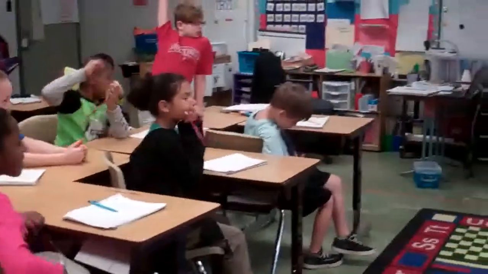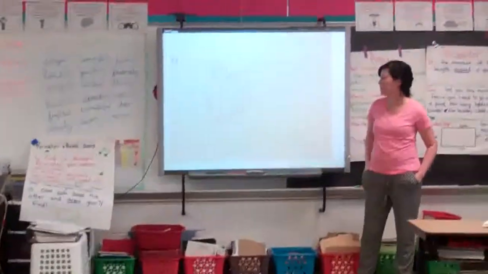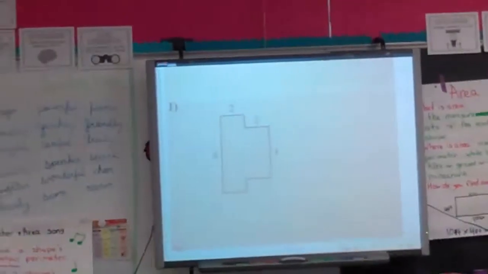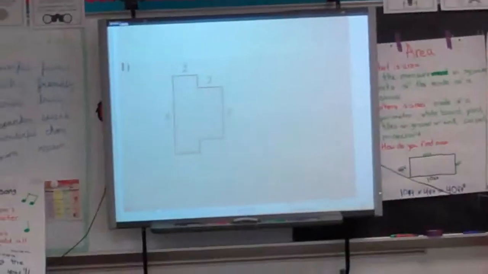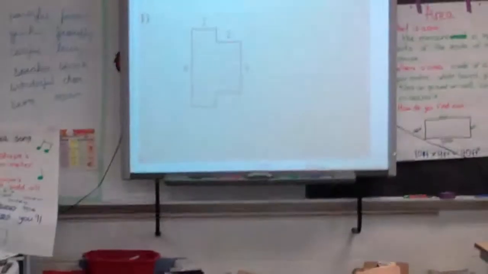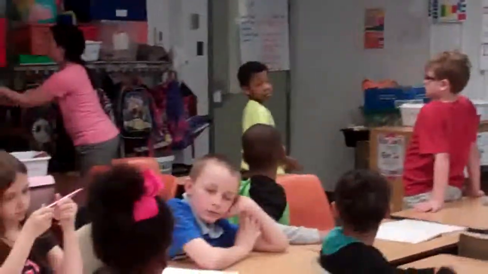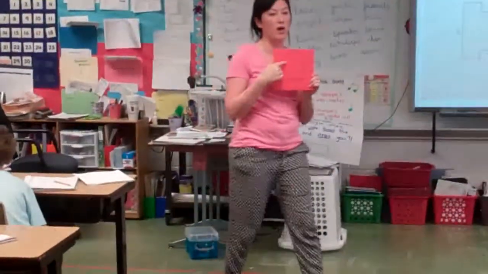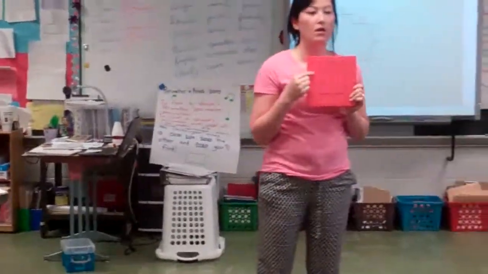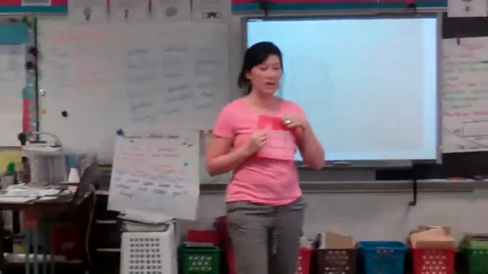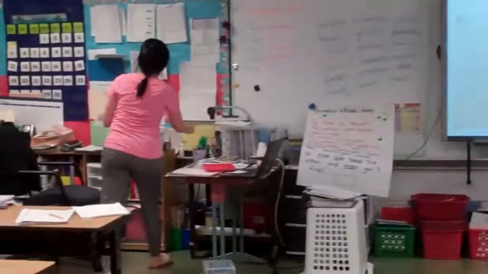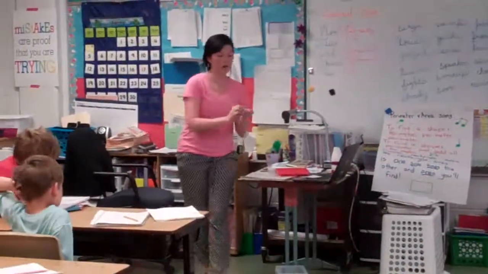Sabrina asks why, for area, we multiply, and for perimeter, we add. I want you to think about it. If I want to know how big this rubber band is, when you think of perimeter, think of taking this rubber band off and stretching it out.